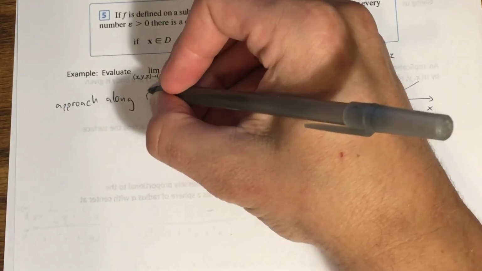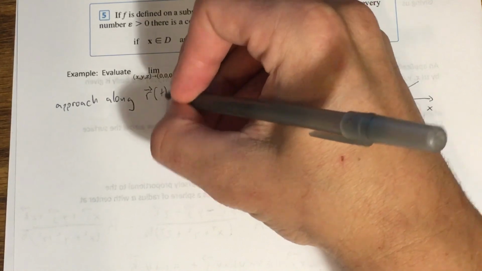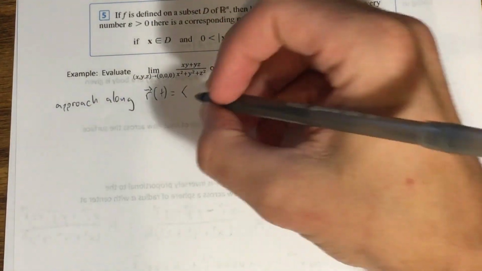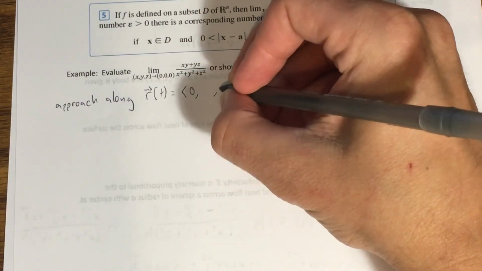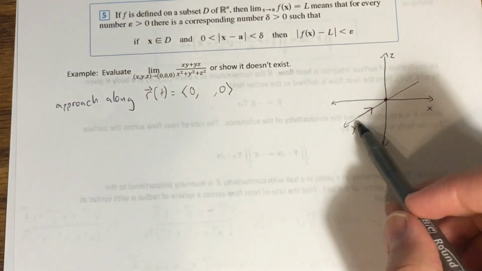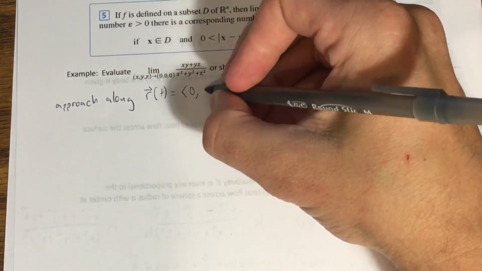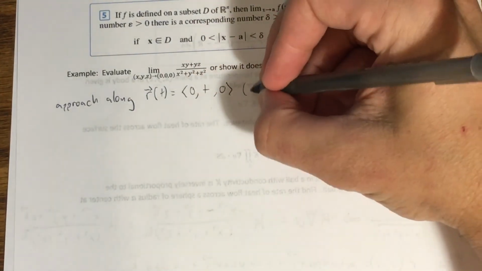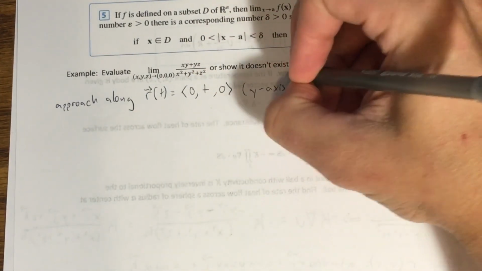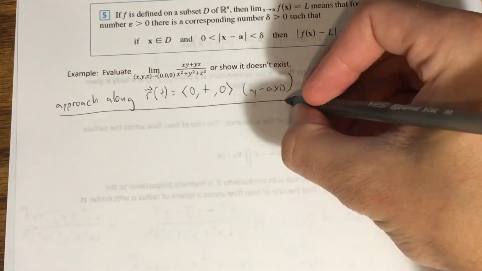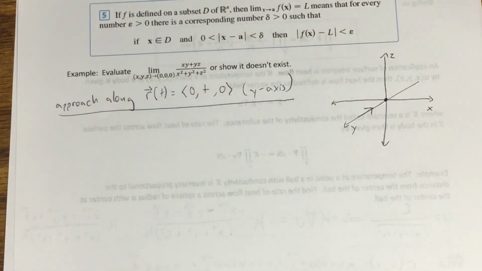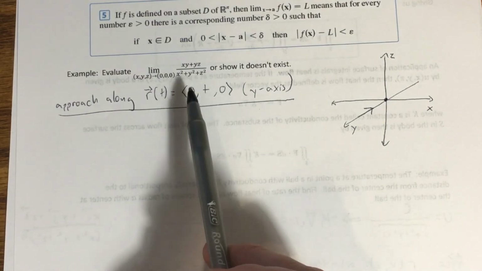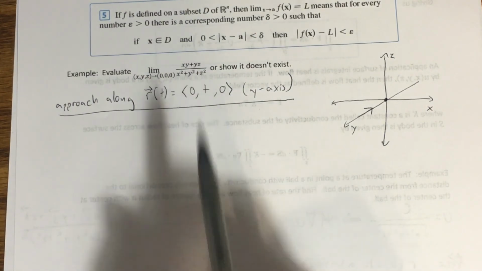And as a vector function, if x and z are always equal to 0, that's going to look like this, and y is going to be the only thing that the parameter matters for. So this is the y-axis as a vector function. Okay? So what I'm doing is substituting these values, 0, t, and 0, in for x, y, and z.